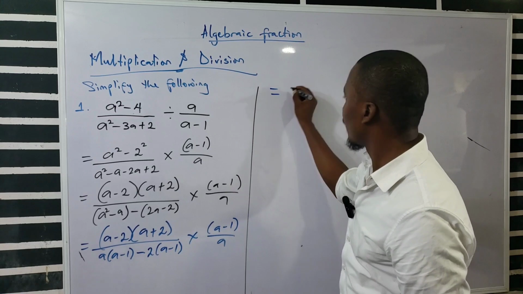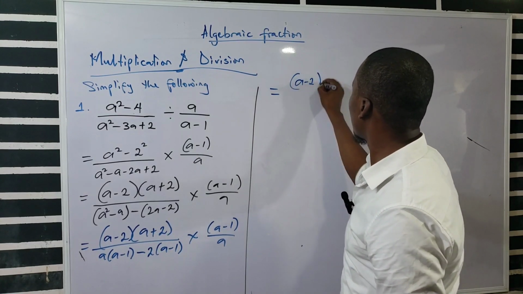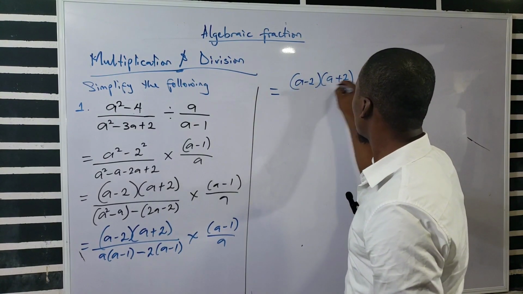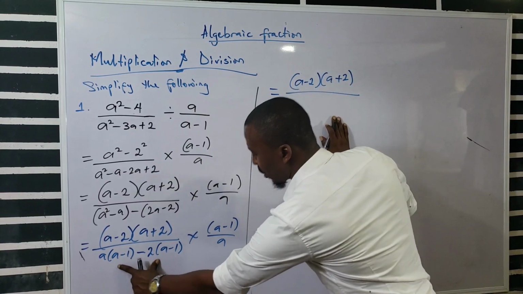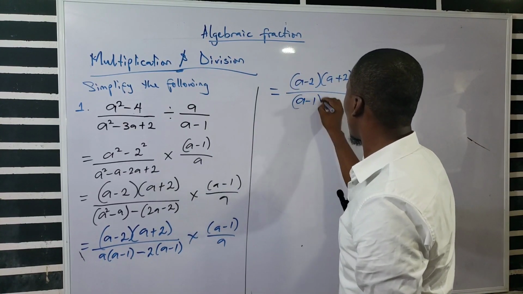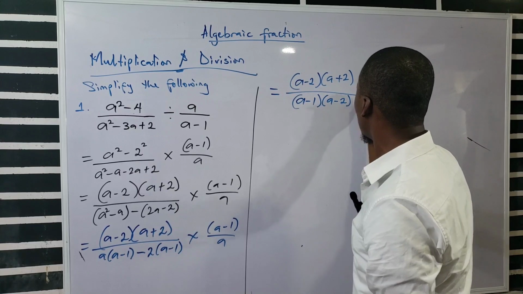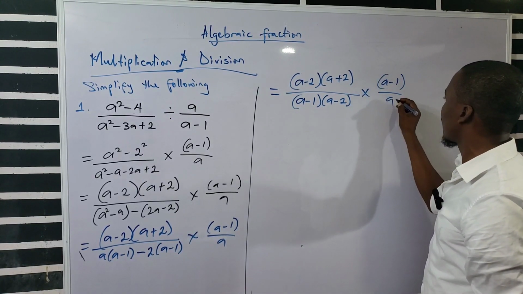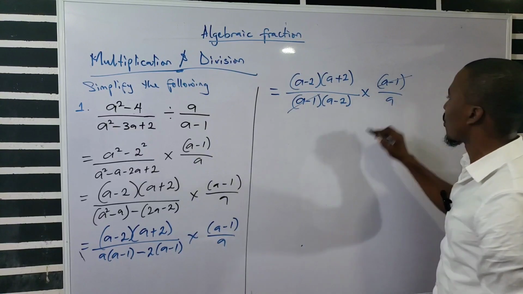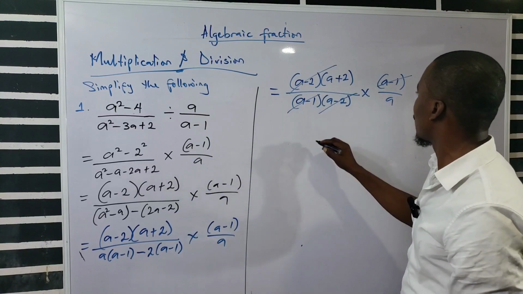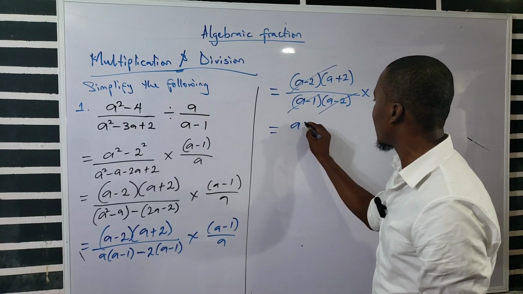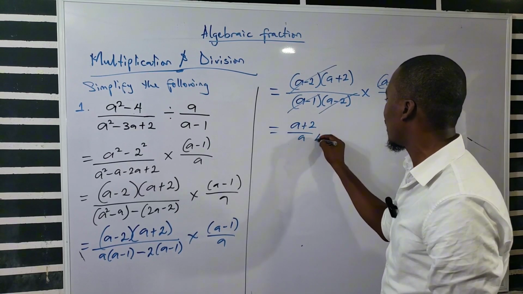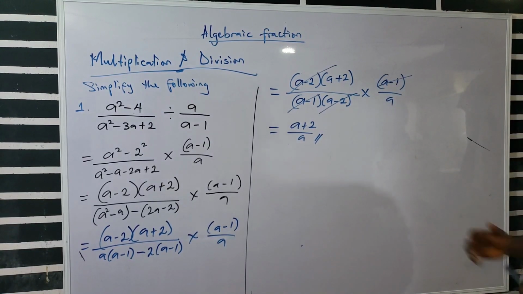So that will give you a minus 2 into a plus 2 all over, what is common here, a minus 1 into a minus 2 times a minus 1 all over a. A minus 1 will go, a minus 2 will go. What we have left is a plus 2 over a. So that's our answer. The first problem we solved in multiplication and division gave us that answer.